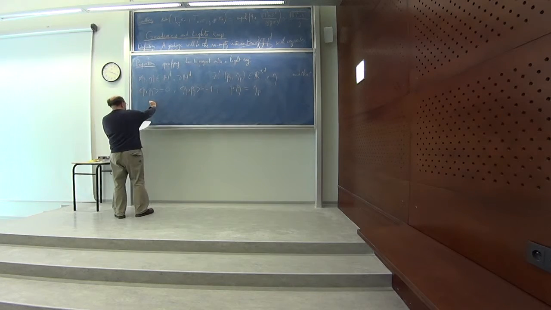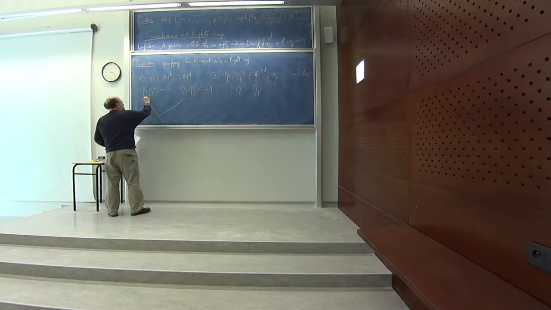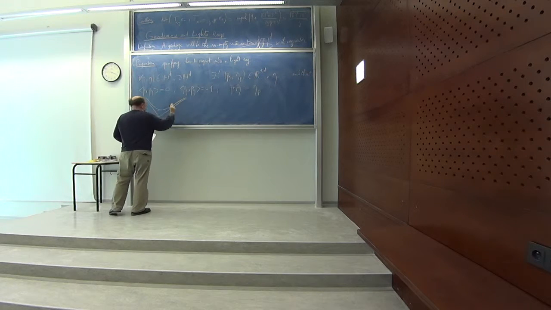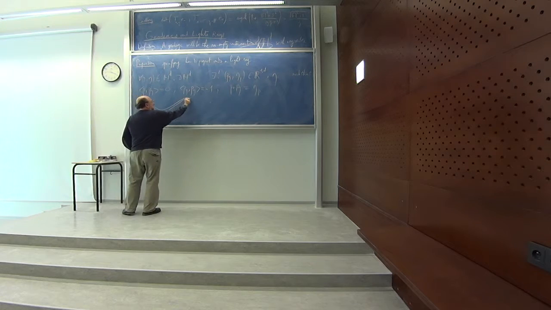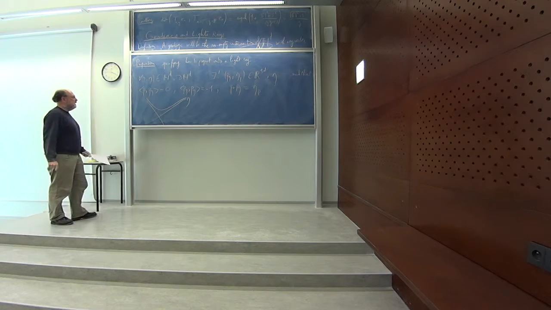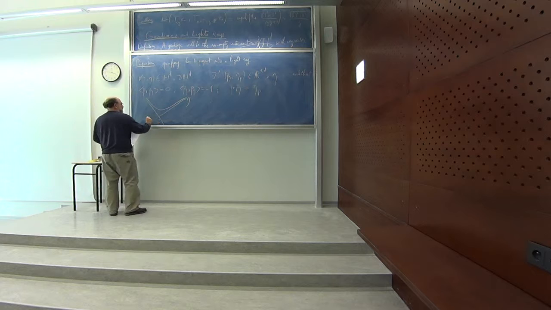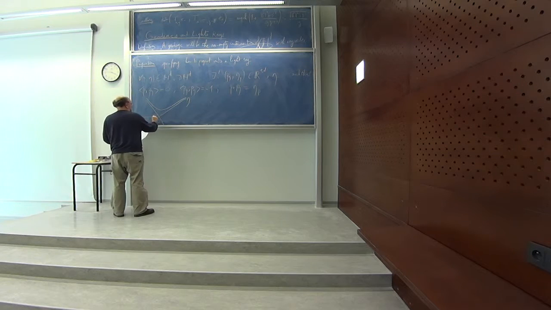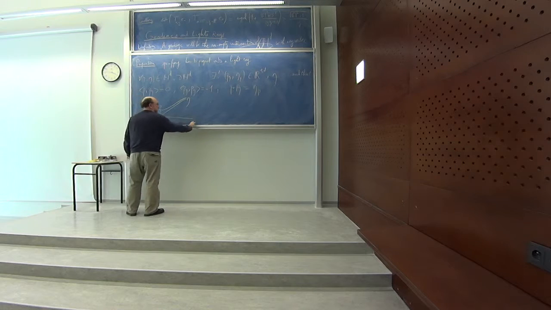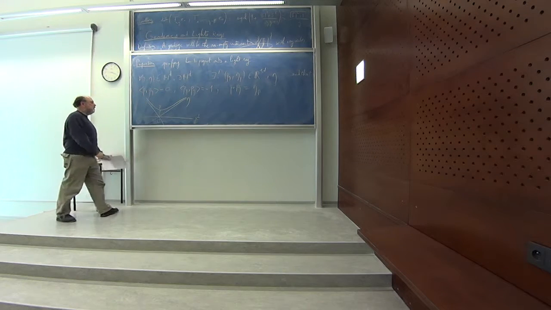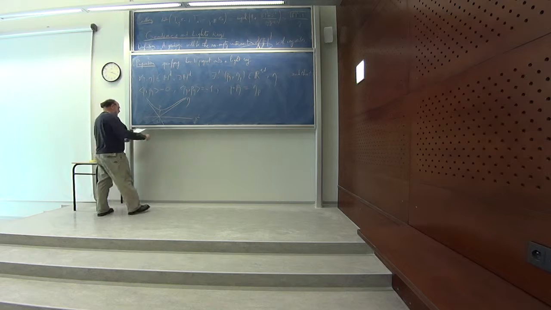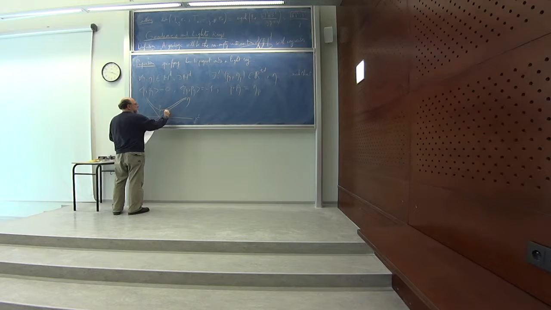This is easily understood on the picture. Here the light ray eta, here is low, here is P, is P orthogonal, and I have a unique way of decomposing like that.